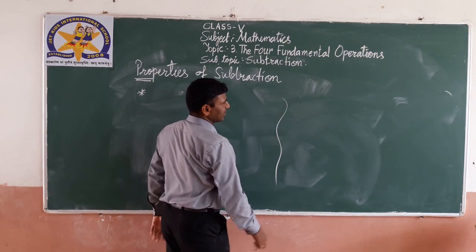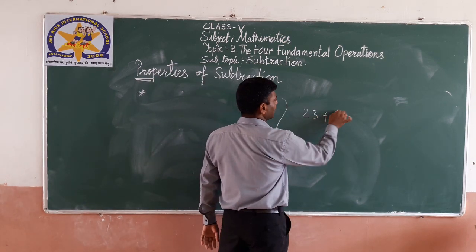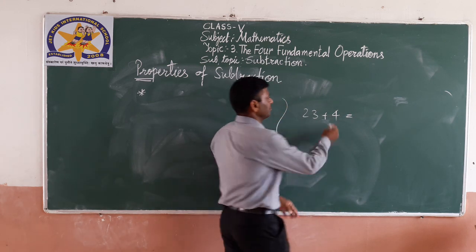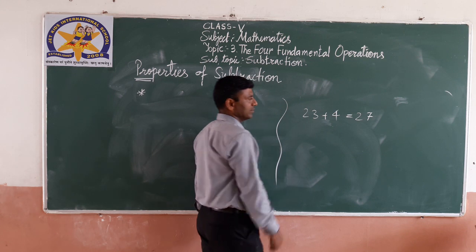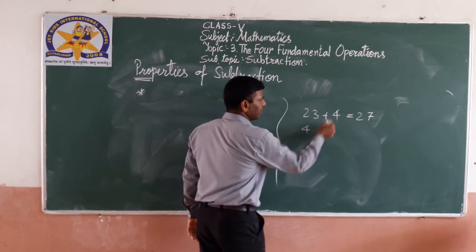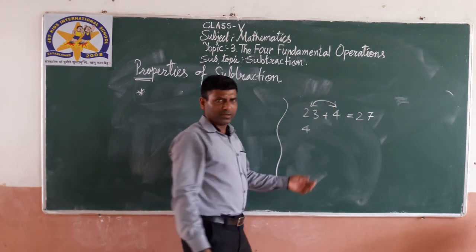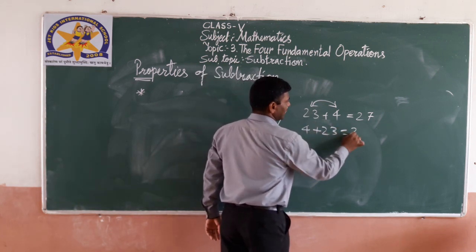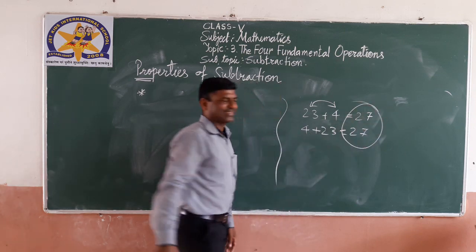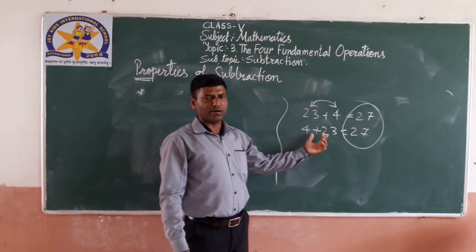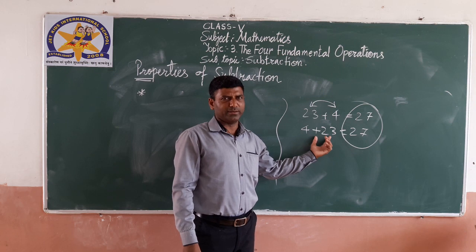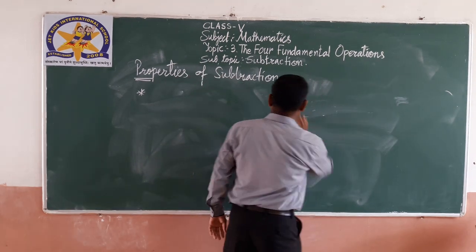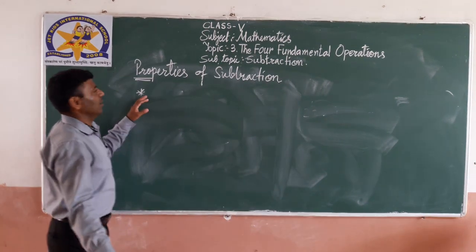In addition, we saw 23 plus 4, 27. And if we change the order of the numbers, 4 first and 23 then, the answer will be the same. Means if we change the order here, that is the order property of addition. But in subtraction, we cannot change the order.